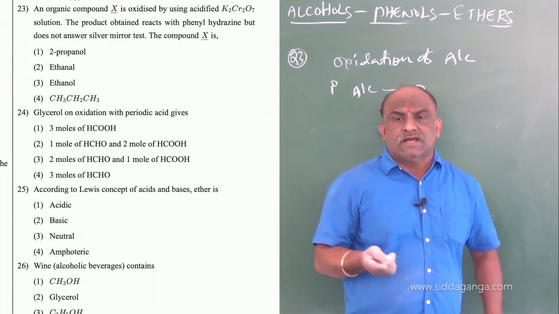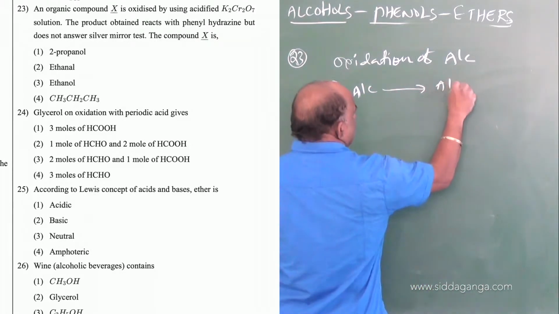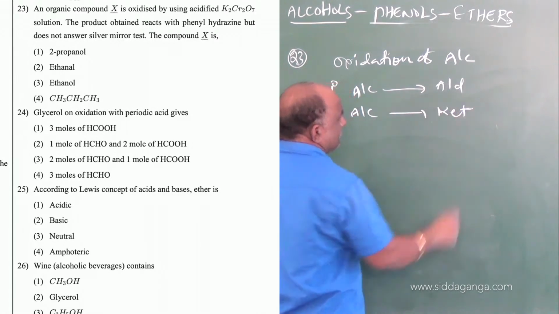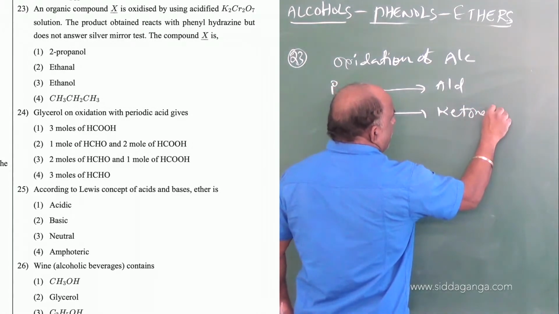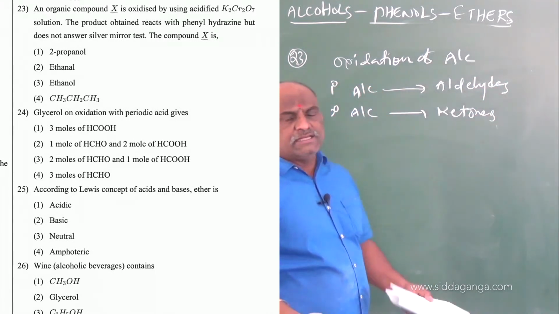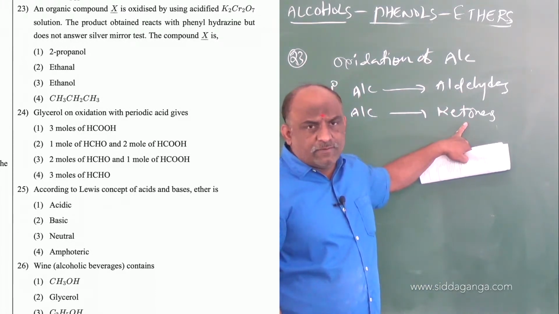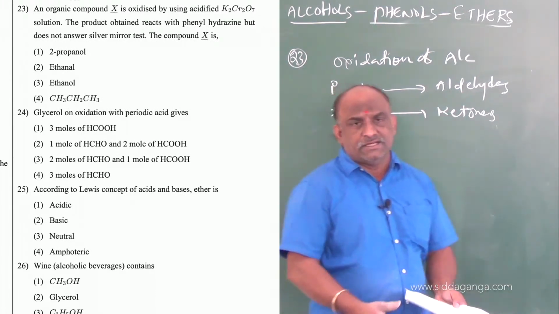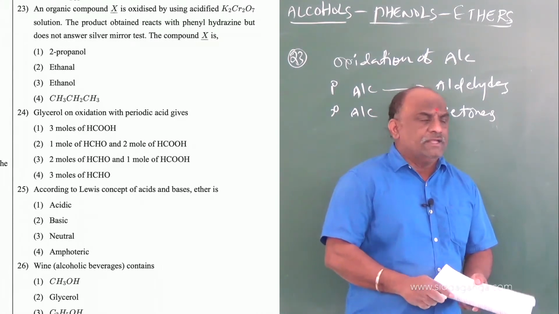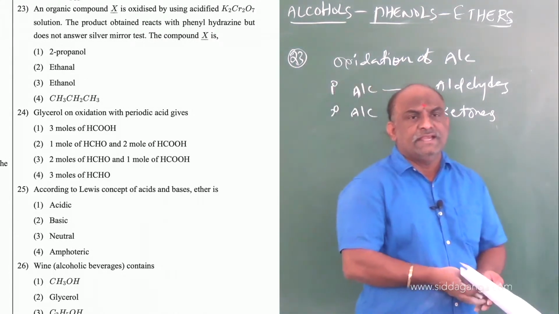Primary alcohols give aldehydes, secondary alcohols give ketones. Aldehydes are positive with the silver mirror test, ketones are negative. Silver mirror means the Tollens reagent. Addition of Tollens reagent to an aldehyde gives a silver mirror. Addition of Tollens reagent to a ketone gives absence of silver mirror; that is the identification test.